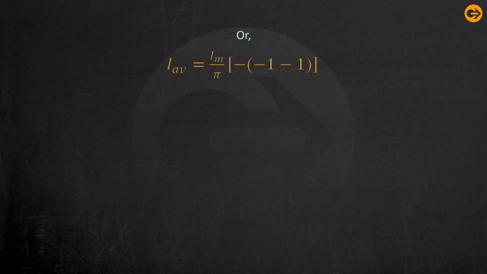So IDC is equal to I average, which is equal to 2Im by pi.